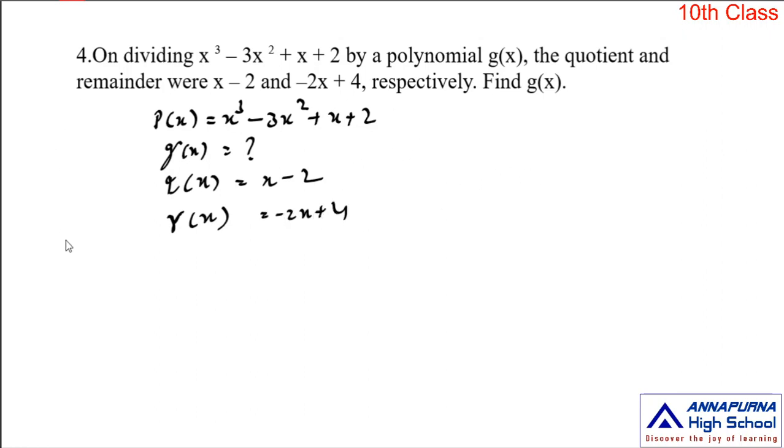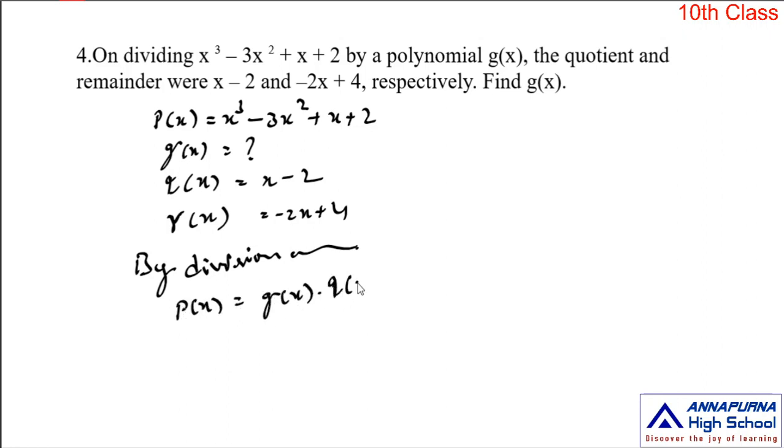Here the division is going on, so apply the division algorithm to this situation. What is the division algorithm? The dividend p of x is equal to divisor g of x into quotient q of x plus r of x. This is the division algorithm.